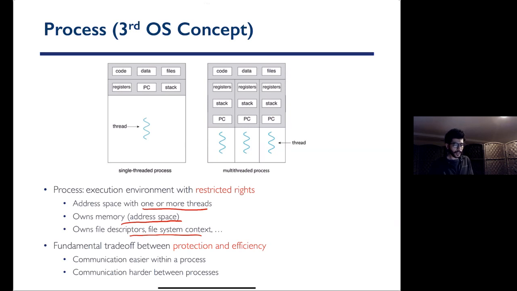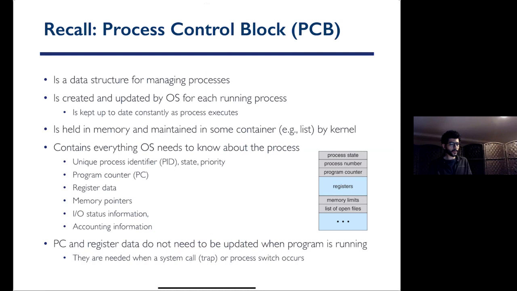And now let's get a little bit deeper into processes and threads. So this is something from ECE 252. Operating systems usually keep information about the processes in the PCB, the process control block.